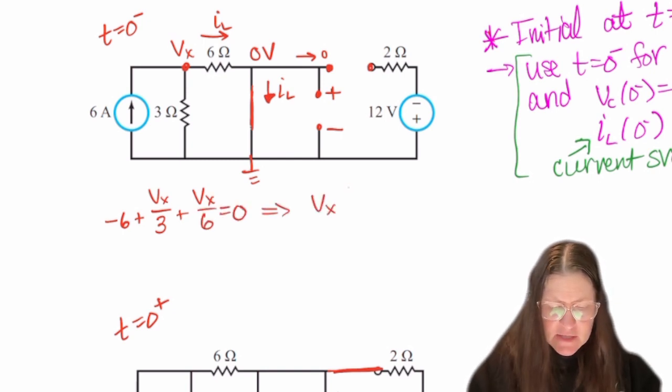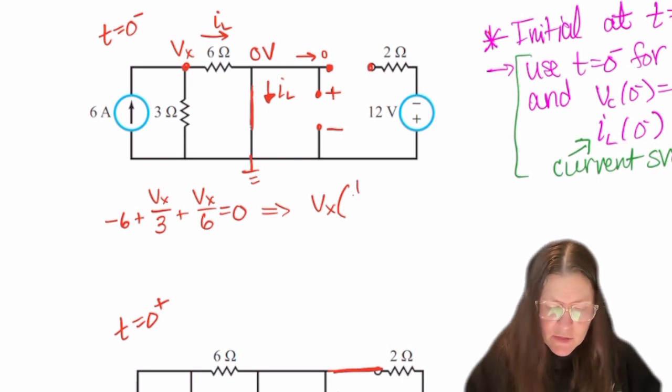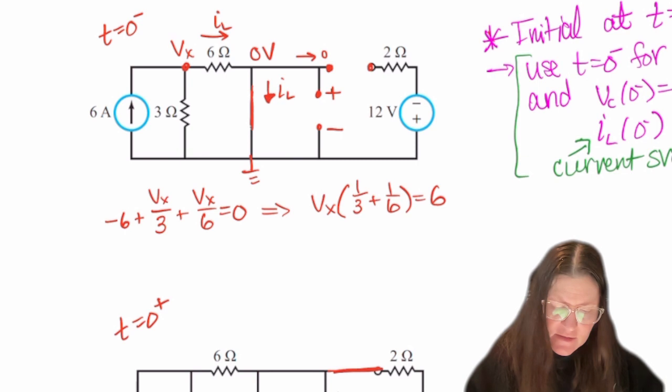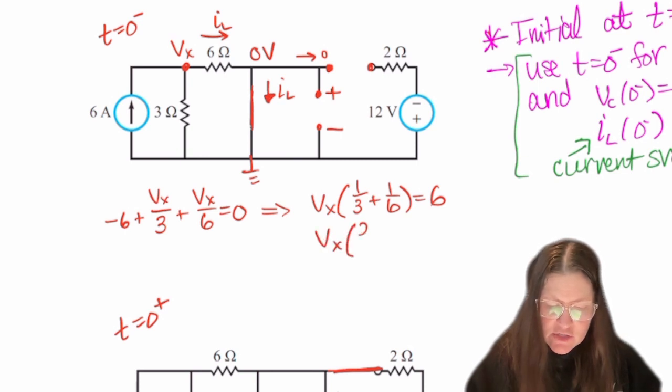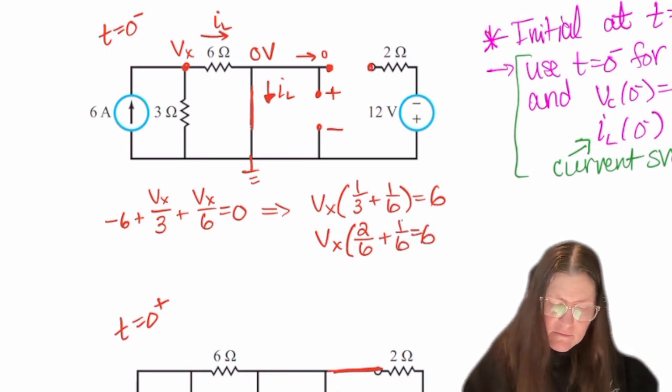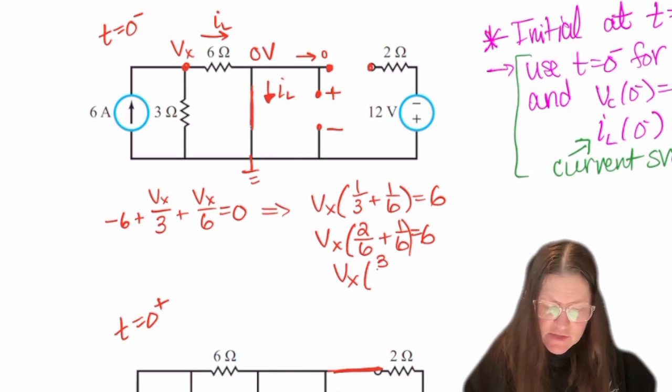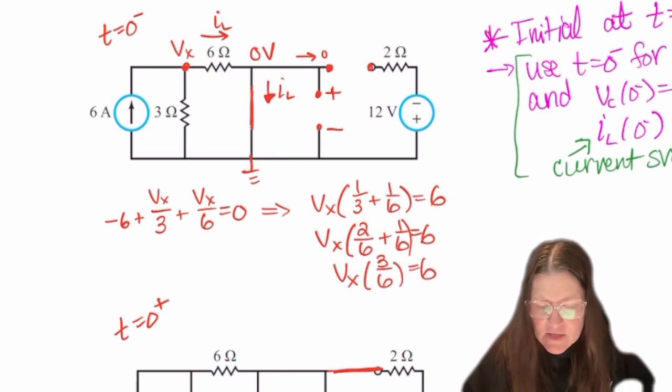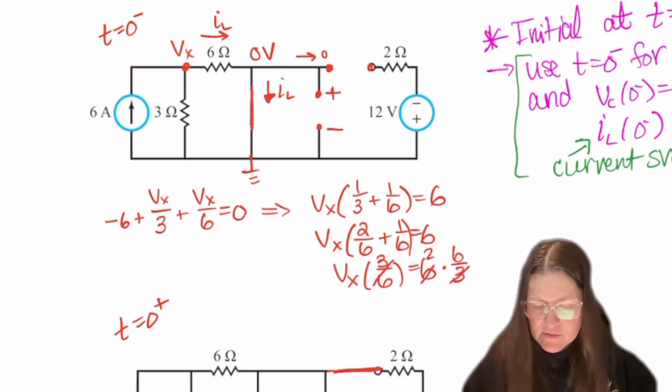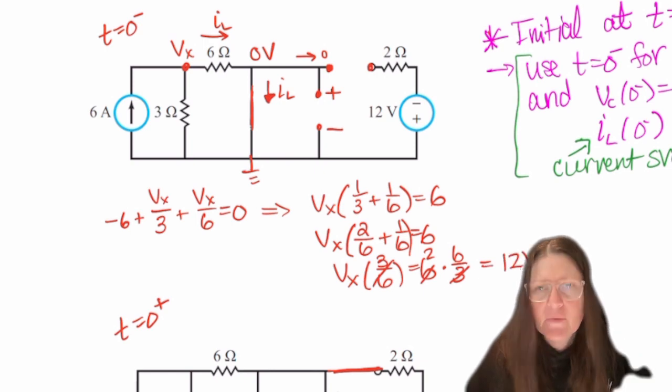Combining these for Vx, I get 1/3 plus 1/6 equals 6, so Vx is 3 over 6, and then I can multiply by 6 over 3. So this becomes 12 volts.